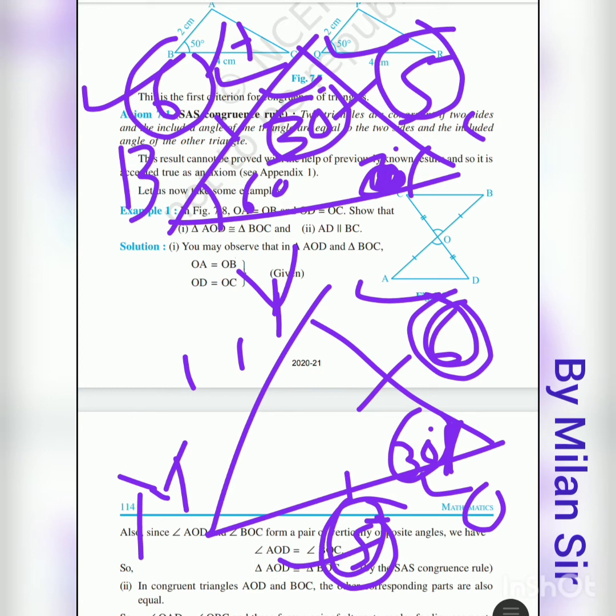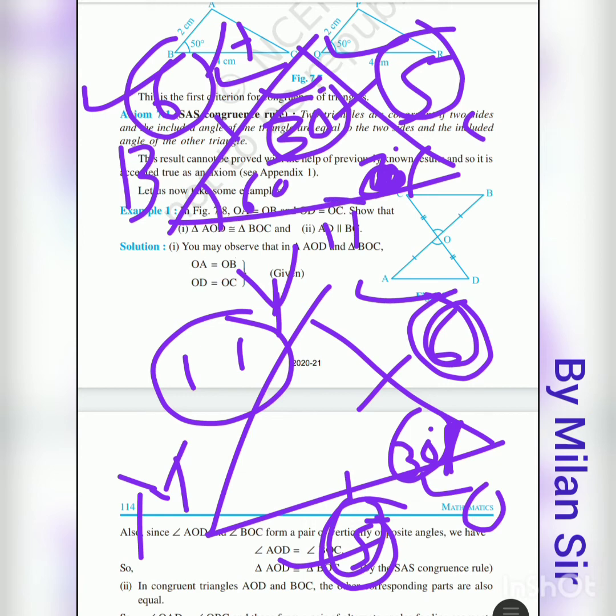Okay, here we have two equal sides, 6 and 5. So from that we can directly say that the third sides also need to be the same, because if two sides are the same, then definitely the third sides are also the same, because it is the criteria of congruent triangles. Once we prove that these two triangles are congruent, then from that we can find the other parts too.